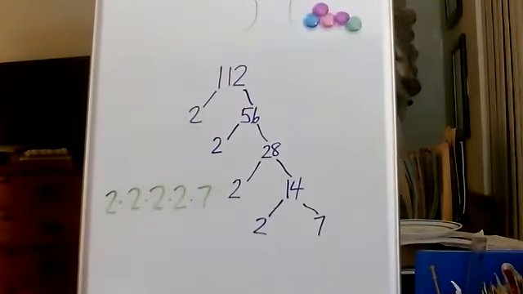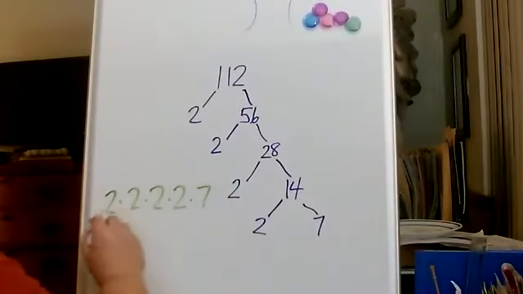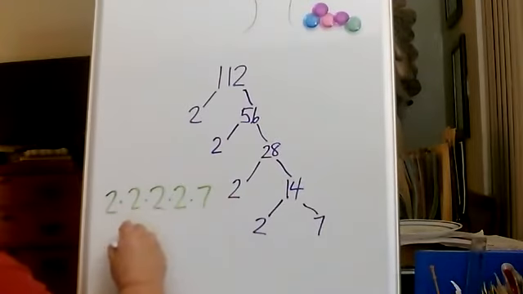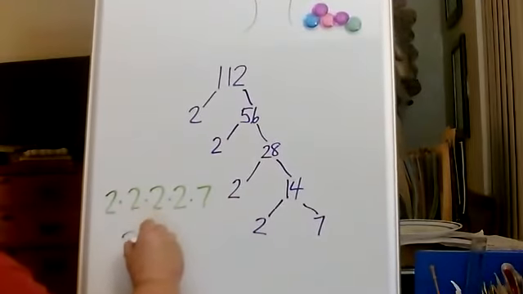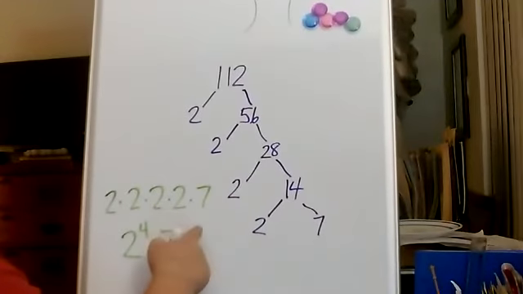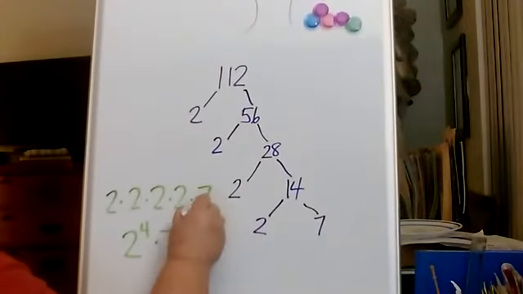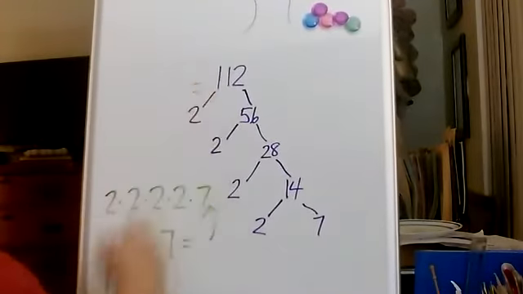So it's very different from 2 times 4. So 2 times 2 times 2 times 2 is going to be 2 to the 4th power times 7. That equals this, and that equals that.